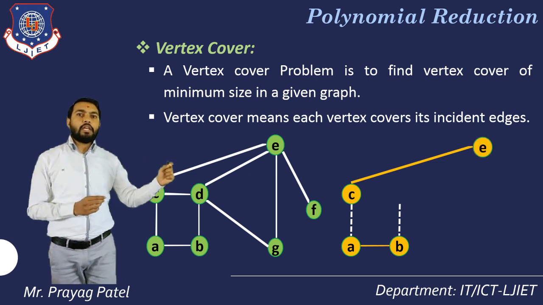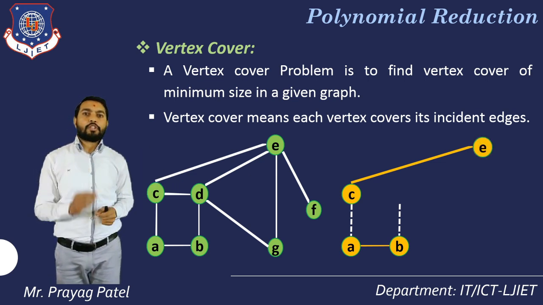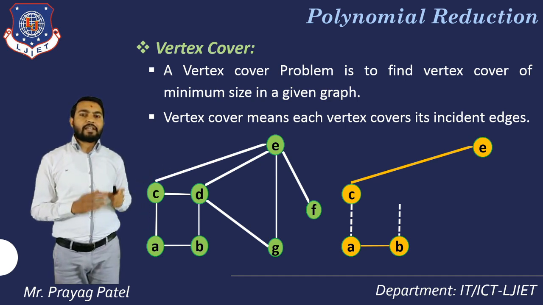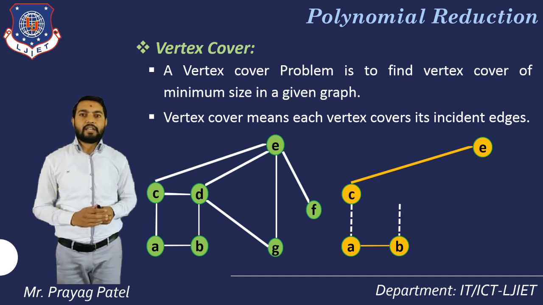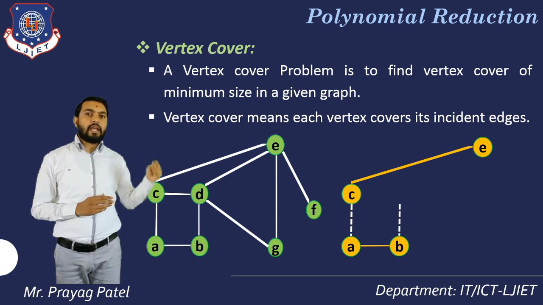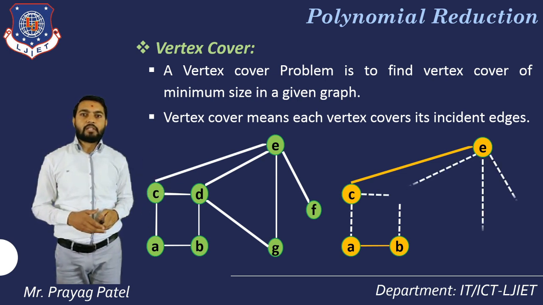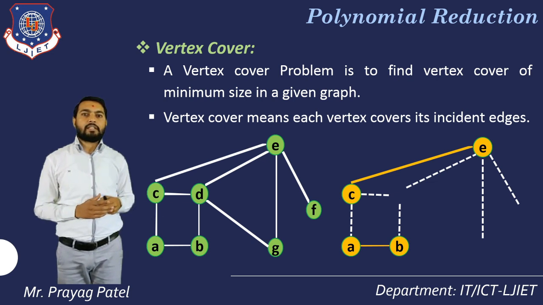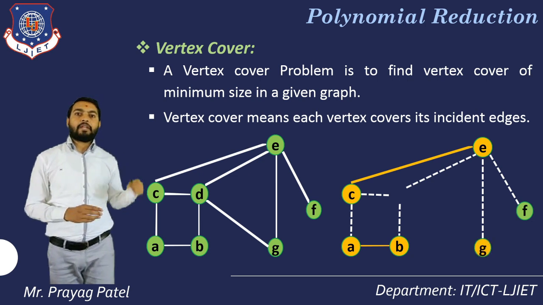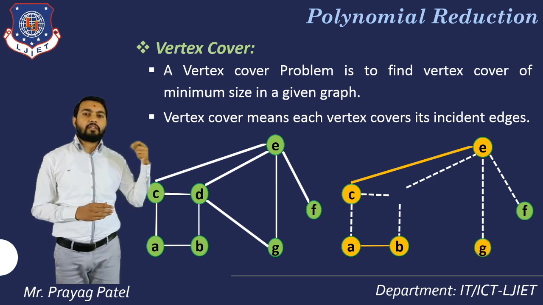So here the C to E edge is selected, node C and node E are also selected, and this is considered as the selected nodes and selected edge. Now after that, all the connected edges of C and E are ignored. That means here these 4 edges are connected with C or E, so ignore all these edges. Now here we can say that after this process we have to select one remaining node.